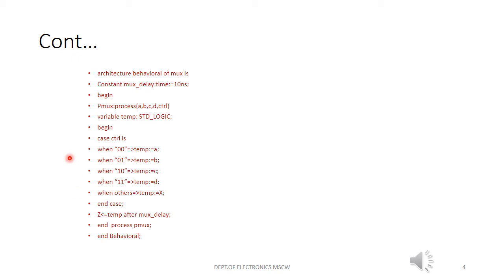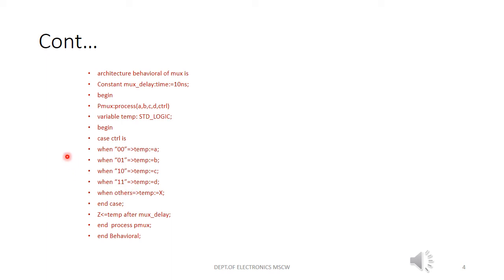After that we have to mention the others also. Here when others is also a keyword, because whenever we write programs we should cover all the choices. We can't say that it is only for this one. Similarly, if the control selects 0 1, you get the B output. If it selects 1 1, then you get the D output.